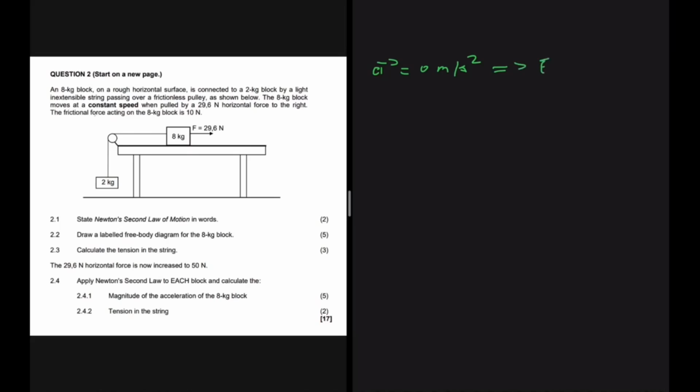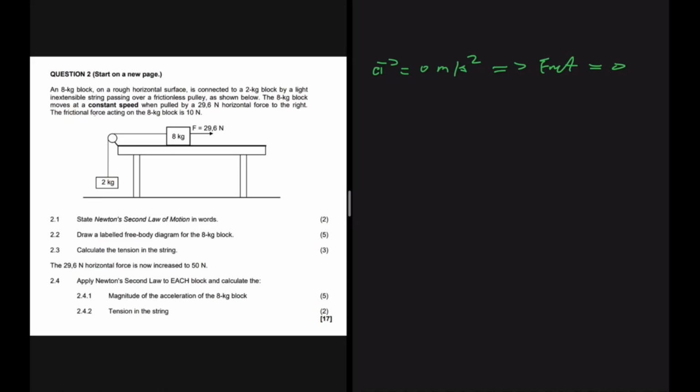So this implies that the Fnet acting is equal to 0. And then it goes on to say when pulled by a 29.6 Newton horizontal force to the right, the frictional force acting on the 8 kg block is 10 Newton.